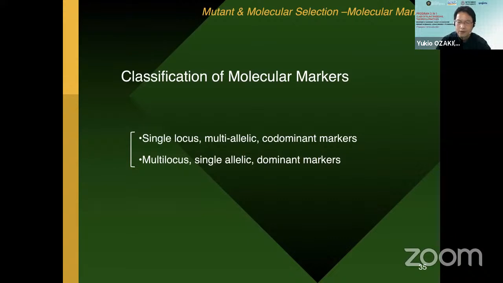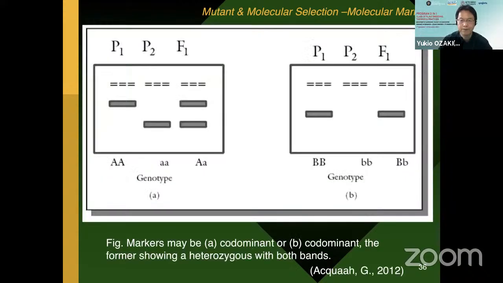Genetic variation in the genomes may be assayed at the DNA level or the protein level. Further, a variety of mutations in the genome gives rise to the variations that cause polymorphism in the population. This figure shows the difference between the result of electrophoresis involving a codominant marker and a dominant marker.